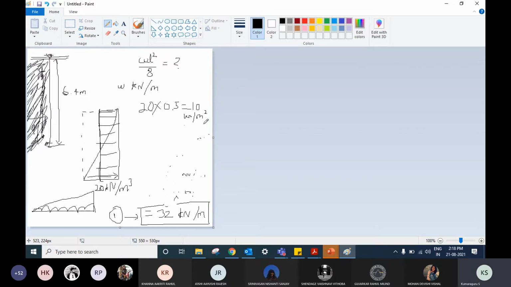Again, this is for a per meter width, multiply by 1, it's the same quantum you'll be getting. So that's 10 kilonewton per meter. This is load number 2, the UDL number 2. Add 1 plus 2 will give you the total UDL. It's 42 kilonewton per meter.